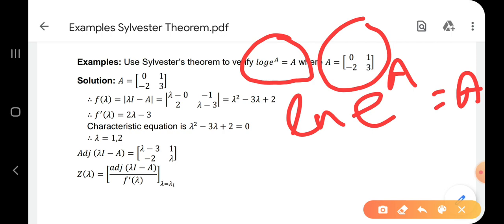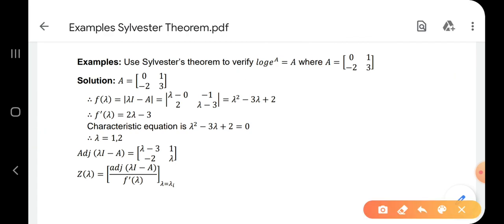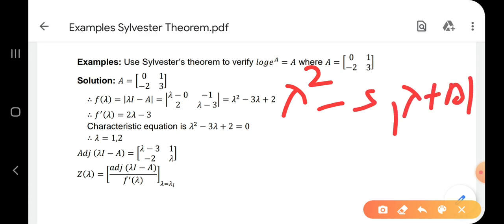So what is our P of A? Our P of A is log of e raised to a. Correct? Now take our characteristic equation. Our characteristic equation is lambda square minus s1 lambda plus determinant of a is equal to 0. What is s1? s1 is 3.